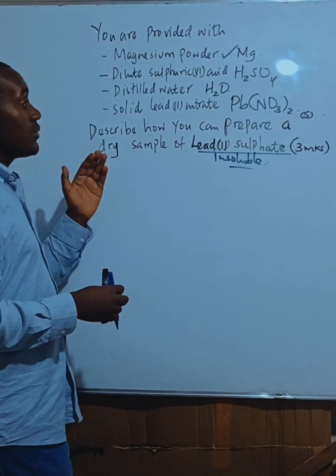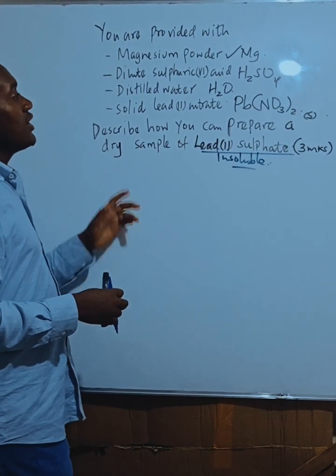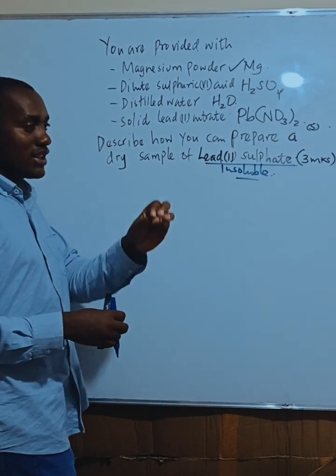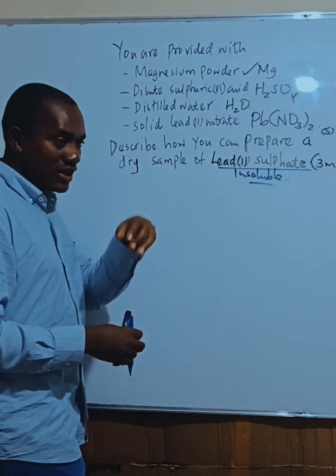From preparation of insoluble salts, you must mix a soluble salt and another soluble salt so that you can precipitate out an insoluble salt.